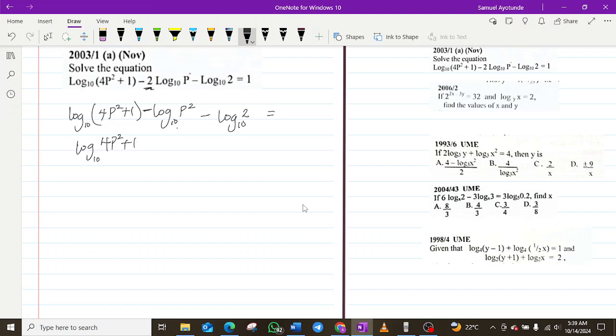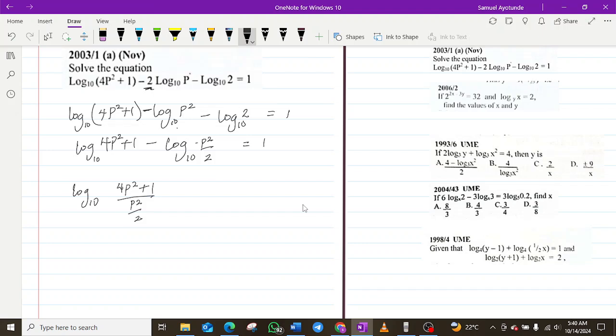Why I still leave this like this. So I have log minus log. So if I use the second law to simplify that, it turns to log of p squared over 2 base 10 is equal to 1. Now from here, I then simplify these two. So I will have log base 10 of 4p squared plus 1 divided by p squared over 2.